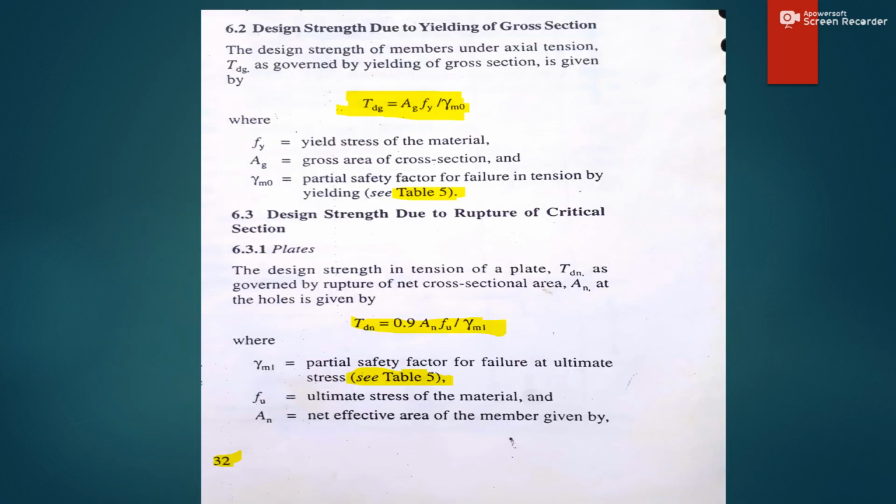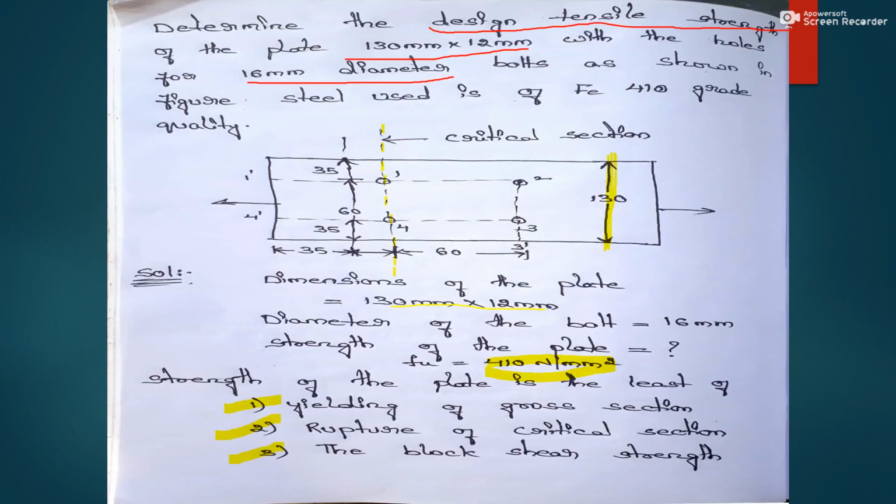First let me show the diagram. See here. So when we are calculating rupture, we have taken this, right? So now which one are we talking about? We are talking about the block shear. When we are talking about yield, we have taken the breadth into thickness, right? So here we are talking about the third one, that is the block shear.